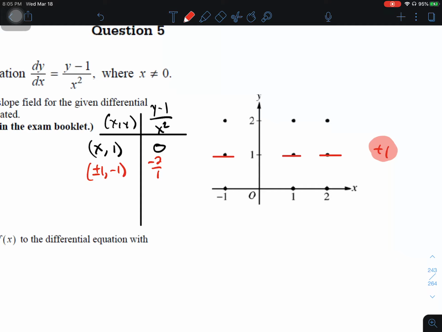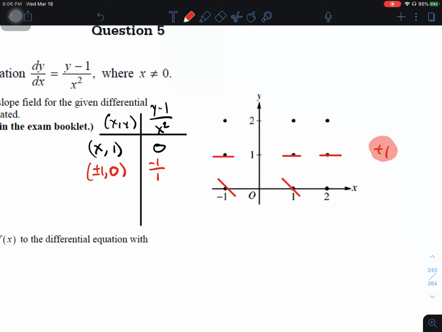So when x is negative 1, I'm sorry, there is no y value of negative 1. Let's do 0. So when y is 0, that's going to be negative 1 over 1, which is negative 1. So at negative 1, 0, the slope's negative 1, and at positive 1, 0, the slope's negative 1.